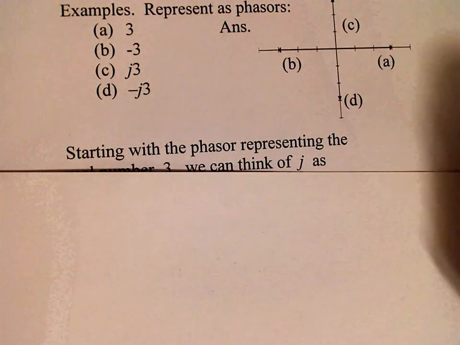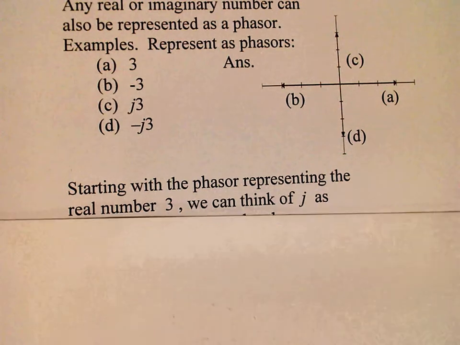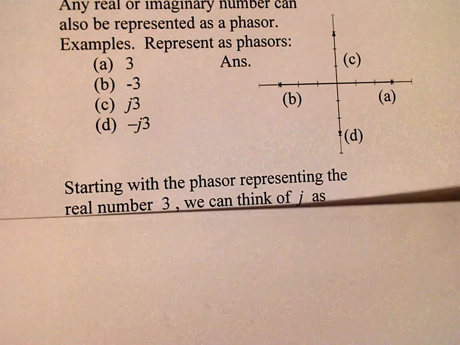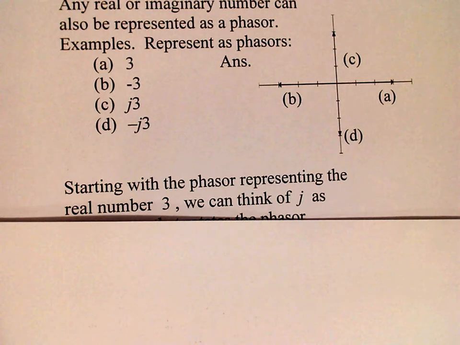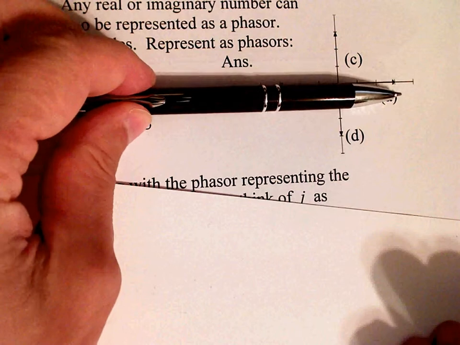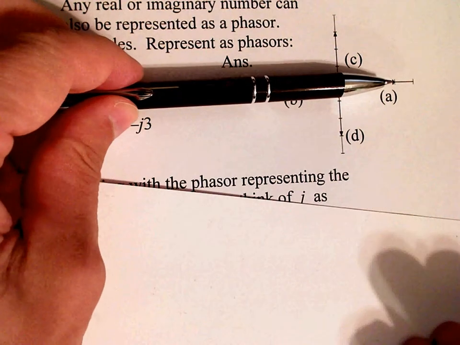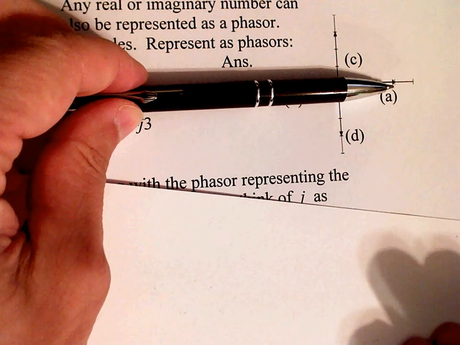There's one other thing I want to show you, which is kind of interesting about complex numbers. We can consider j as an operator which rotates a phasor by 90 degrees. So, starting with the phasor represented by the number 3, that's pointing to here.